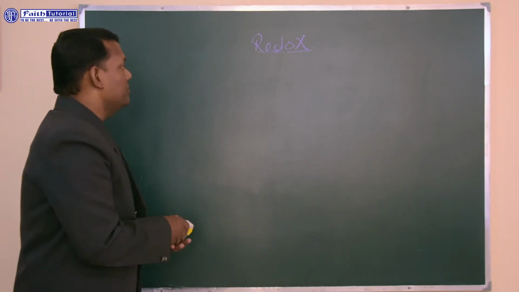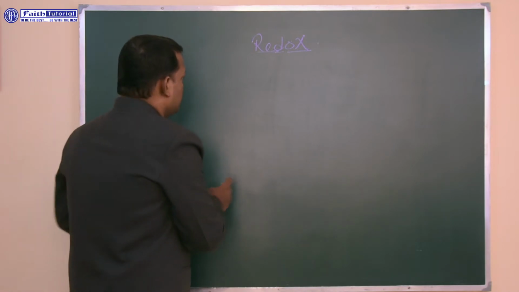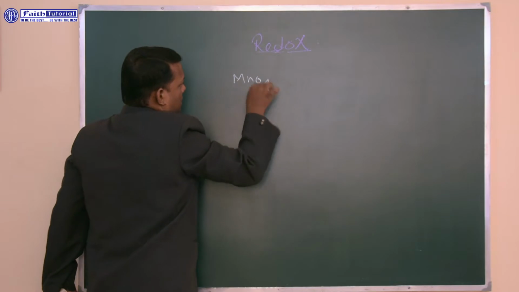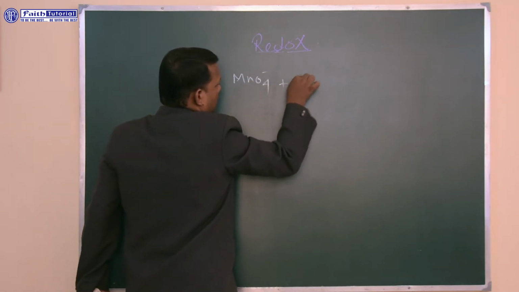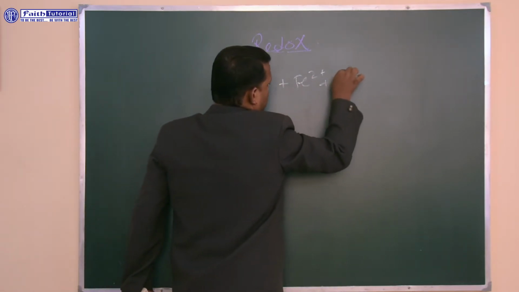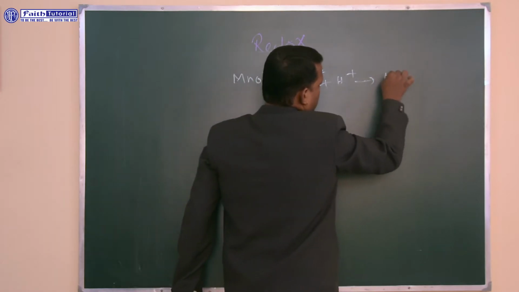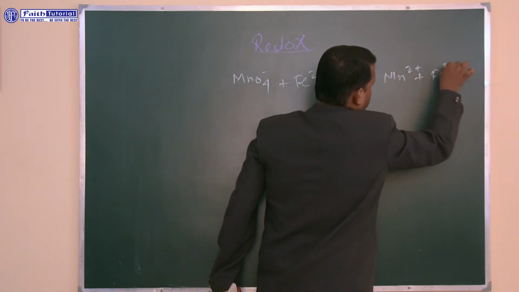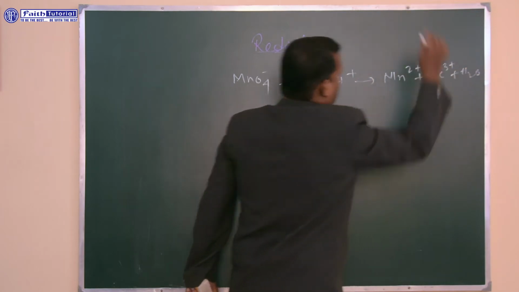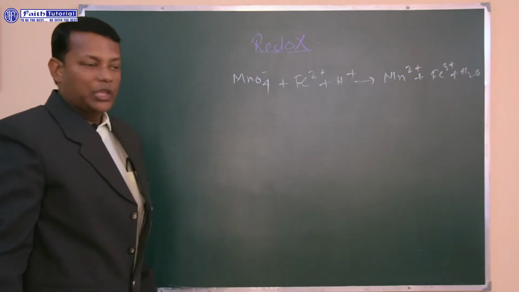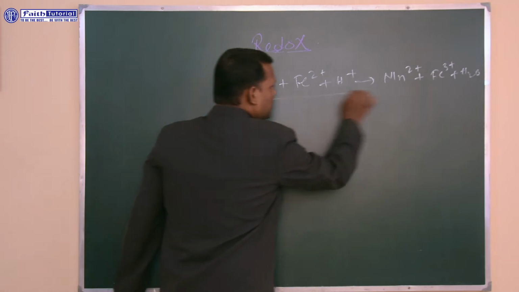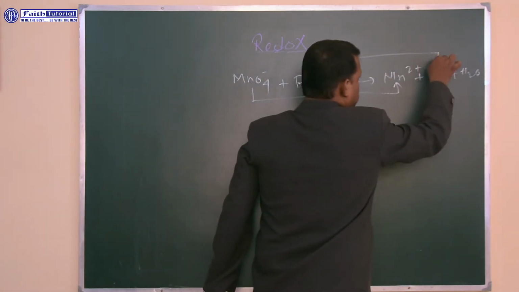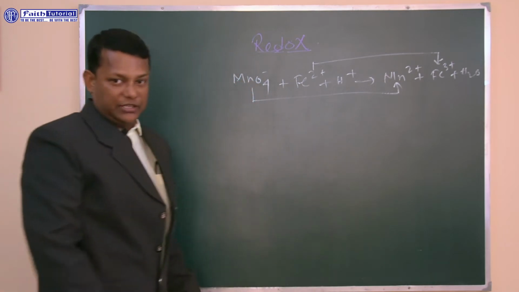In the ion electron method, you will have an equation in ionic form. In this reaction, you can see that MnO4 minus is giving Mn2 plus and Fe2 plus is giving Fe3 plus.